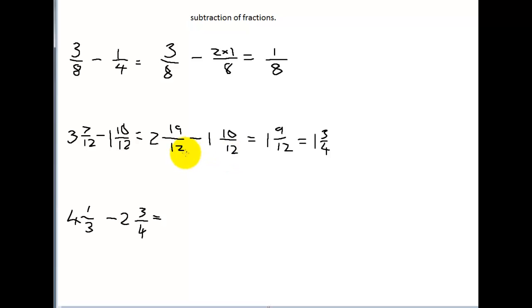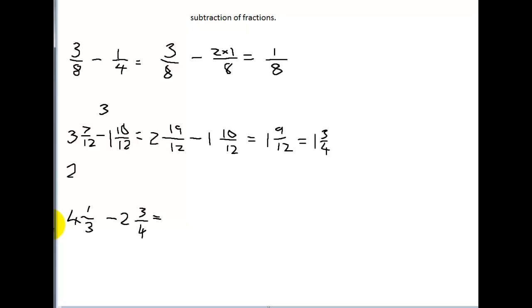Now, to do this the quick way, you need to work out the difference between these two values. So the difference, 10 minus 7, is 3. Once you've worked out the difference, you take away 3 minus 1, which leaves 2.